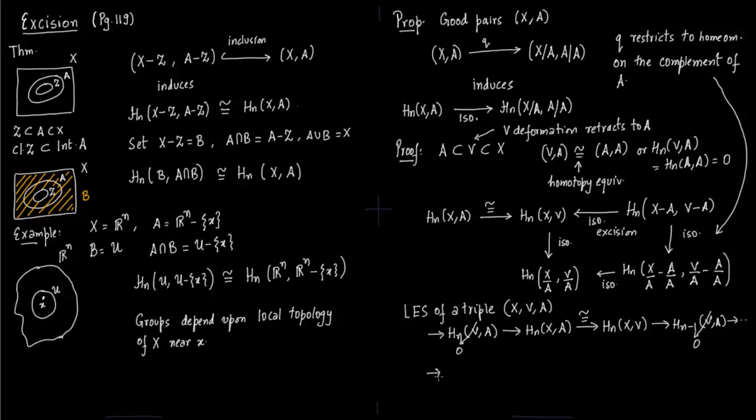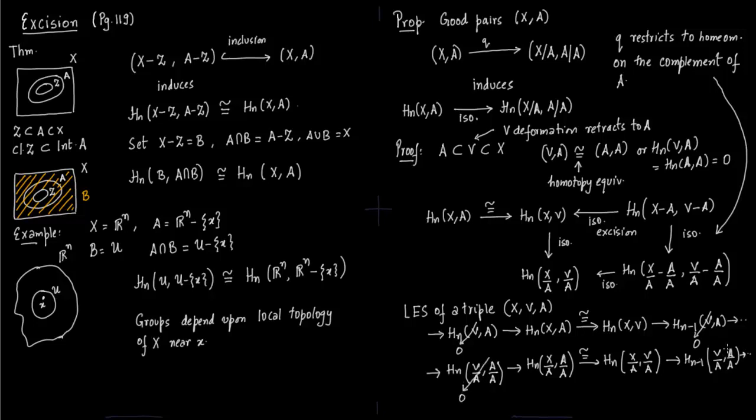Now we will take another long exact sequence of a triple (X/A, V/A, A/A). I'm just copying the same map which I had above below, but replacing everything by modulo A, to Hn-1(V/A, A/A), and so on.